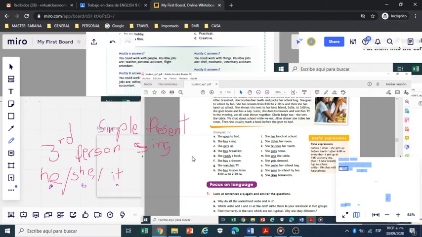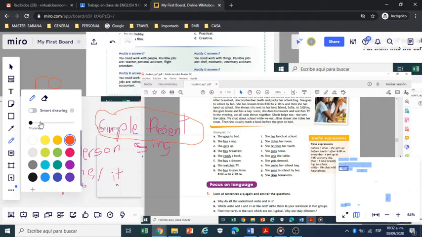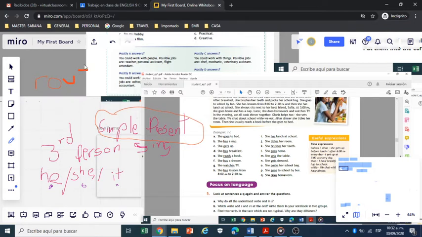What happens with these people in simple present? What is simple present? Simple present expresses routines. Remember, routines. What is a routine?